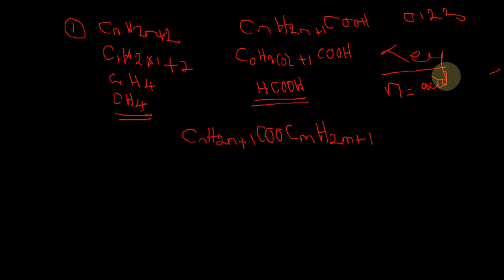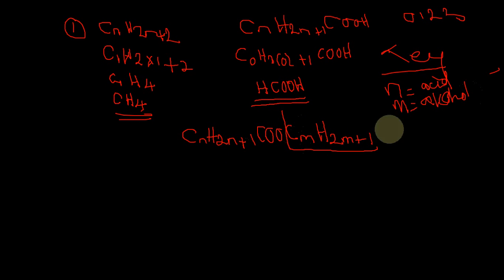And the m, the ending part starting from here, this is an alcohol. So the m gives us the number of carbon atoms that were present in an alcohol. So that's why we have this m and n.